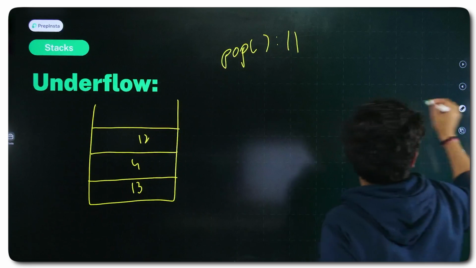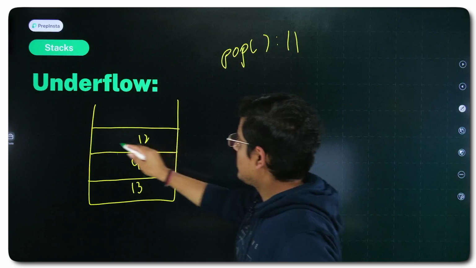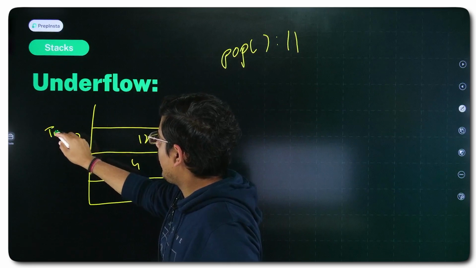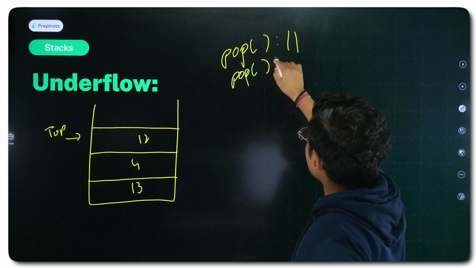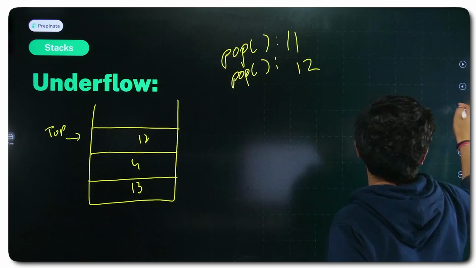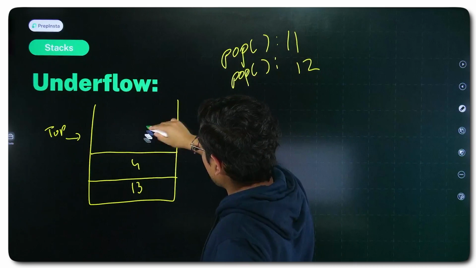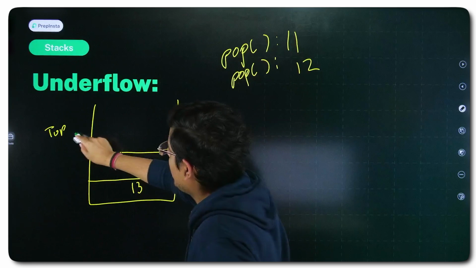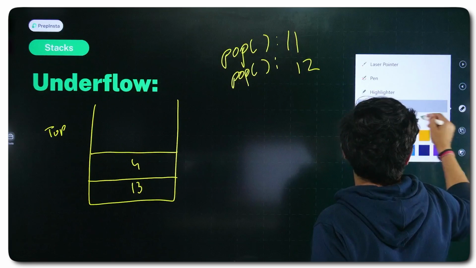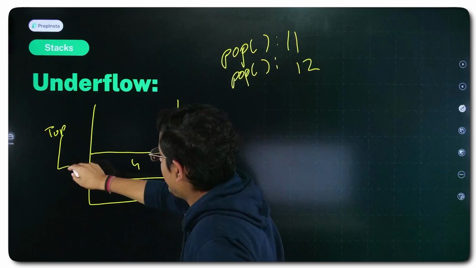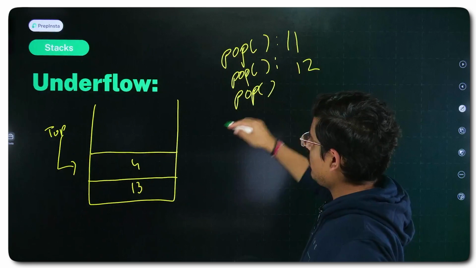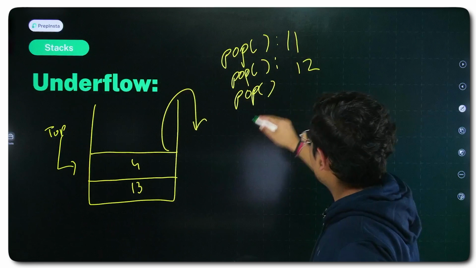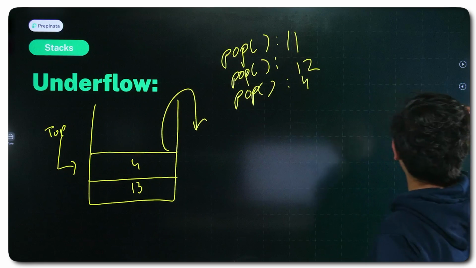Now top starts pointing here. Now I do the pop operation again, 12 comes out. I remove this 12. Now top is pointing at this particular index. Now I again do pop. What will happen? This will come out. So pop will result in 4.